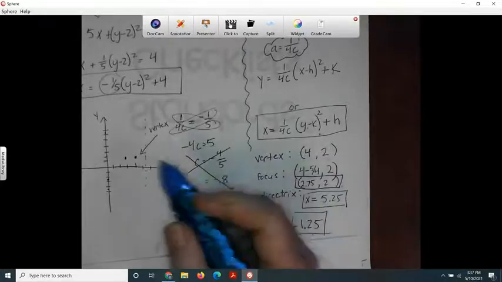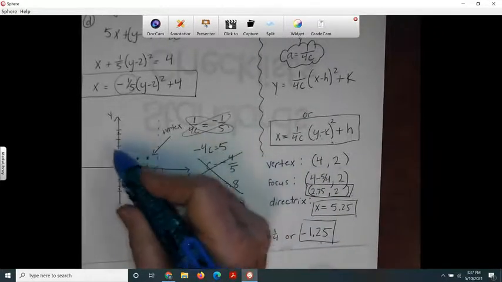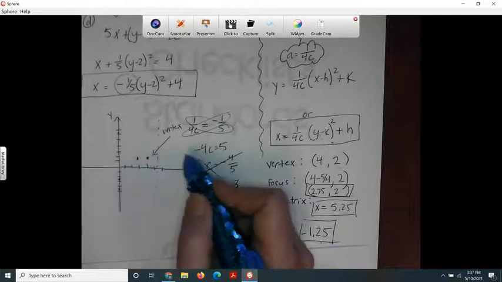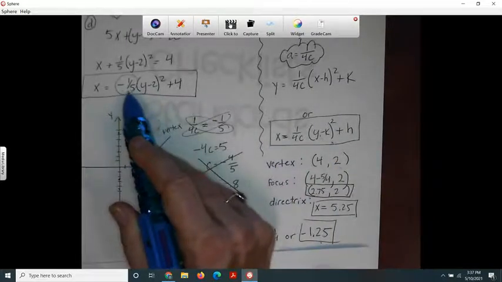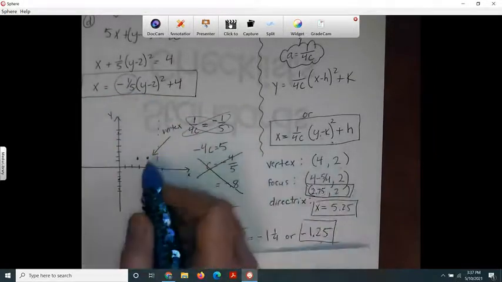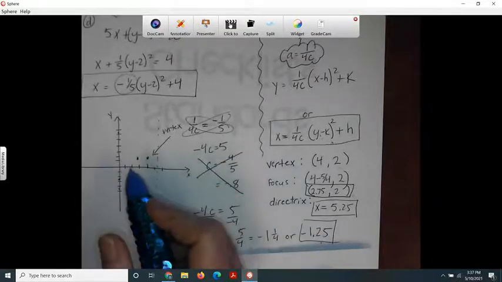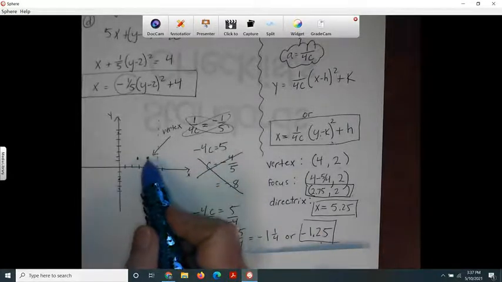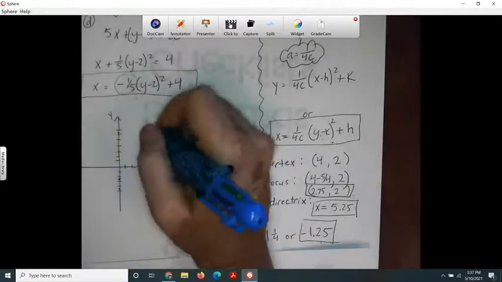So that means that my parabola is going to open to the left because the focus has to be inside the parabola, not on the outside. And it makes sense to me because I know that when I have a negative a on my sleeping parabolas, they always open to the left. So this distance right here is c. So I just counted from my vertex. I went left by 1.25 and I got my focus.